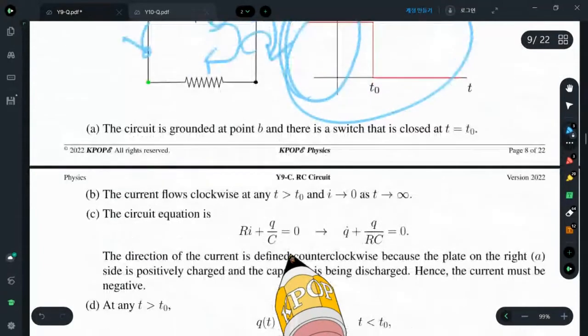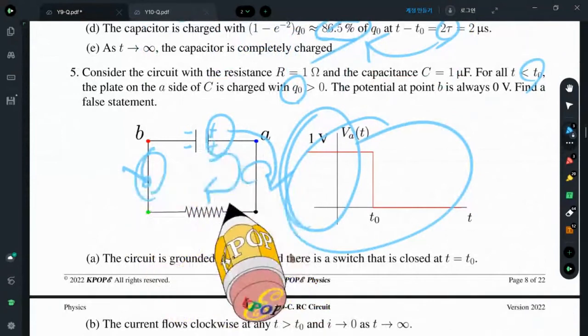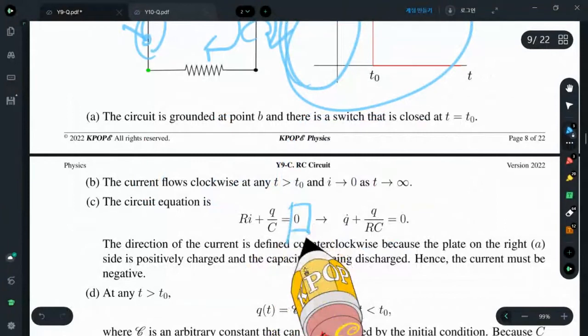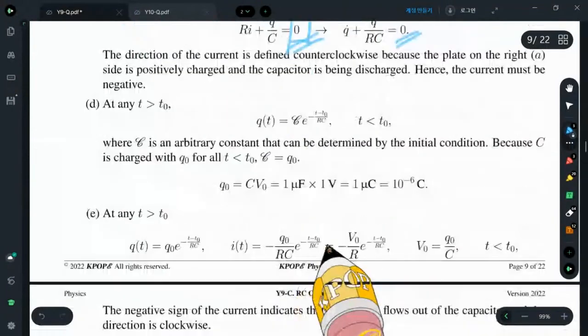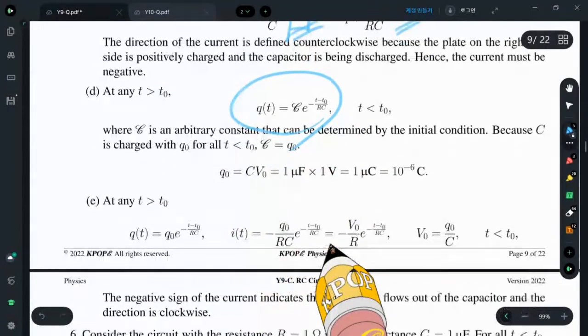Anyway, once the circuit is closed, there is no battery. This equation is trivial, identical to what we found in the previous problem for the homogeneous equation.